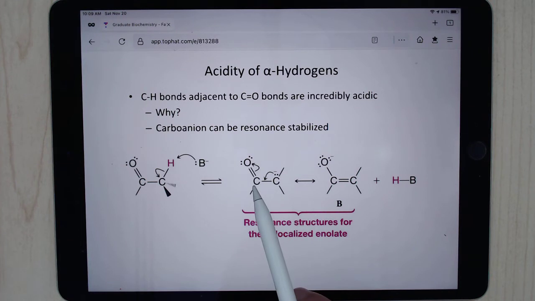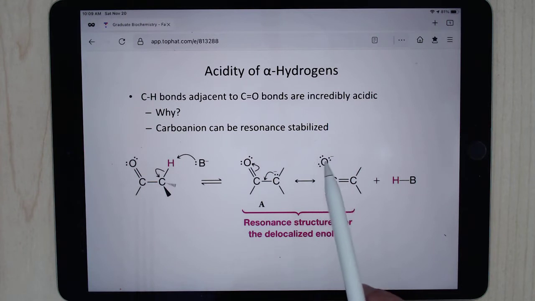That carbon can't have 5 bonds, so it needs to push those electrons up, and you can have the electrons up here on the electronegative oxygen. Okay? And so you're able to have that oxygen bear the charge, right? It's really electronegative, so it's fine. And so this is much more likely to occur. Okay.